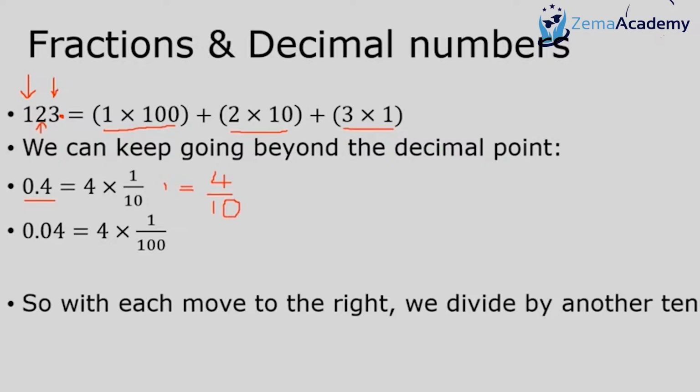The next example, 0.04. Well, I can write that again as 4 times 1 over 100. Again, that number getting bigger. I'm dividing by another 10 each time. So with each move to the right, we divide by another 10.